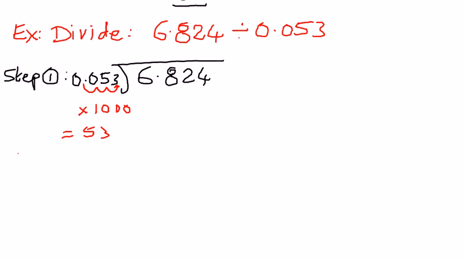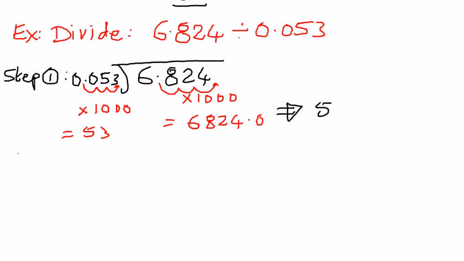And we're going to multiply 6.824 also by 1000, and therefore we're going to move the decimal point 3 places to the right, 1, 2, 3 places, and therefore this becomes 6824.0. So we can write this now as 6824.0 divided by 53.